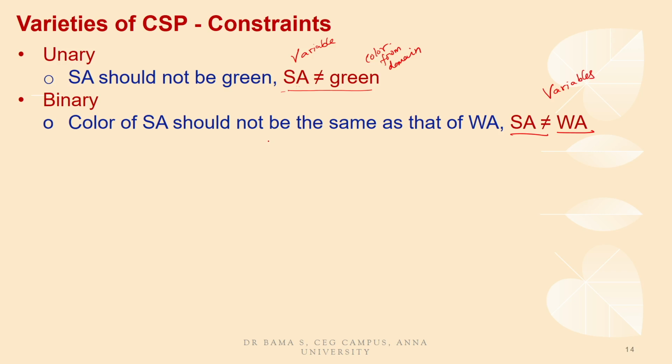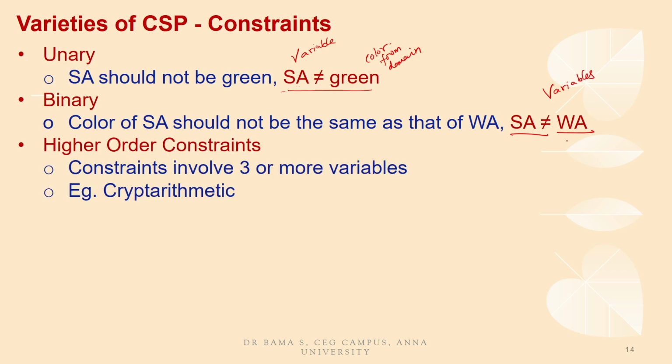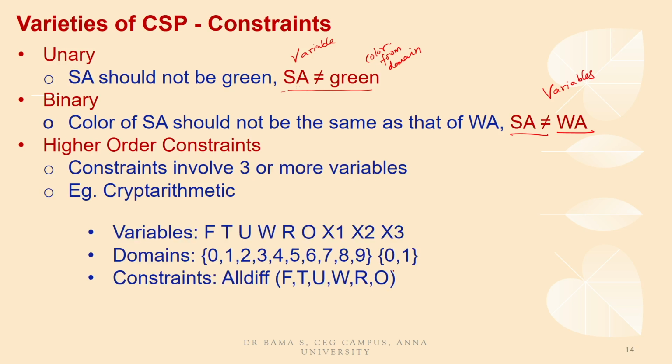Similarly, there are ternary constraints or higher order constraints, which involve three or more variables. The example we saw is the cryptarithmetic puzzle, where the constraints involve more than 2 or more than 3 variables. For example, whatever value we assign to F should be different from all these. So, this constraint comes under the higher order constraint. This is the second type, which is based on the constraint.